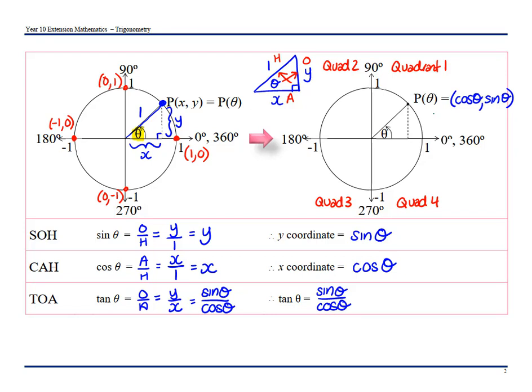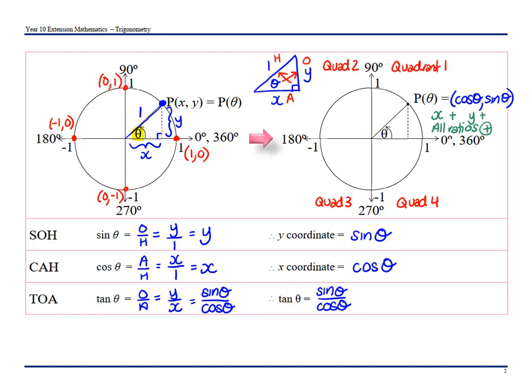So in quadrant 1, x is positive and y is positive. So that means sine theta is going to be positive, cos theta is going to be positive, and tan theta is going to be positive. So all ratios in my first quadrant are positive.